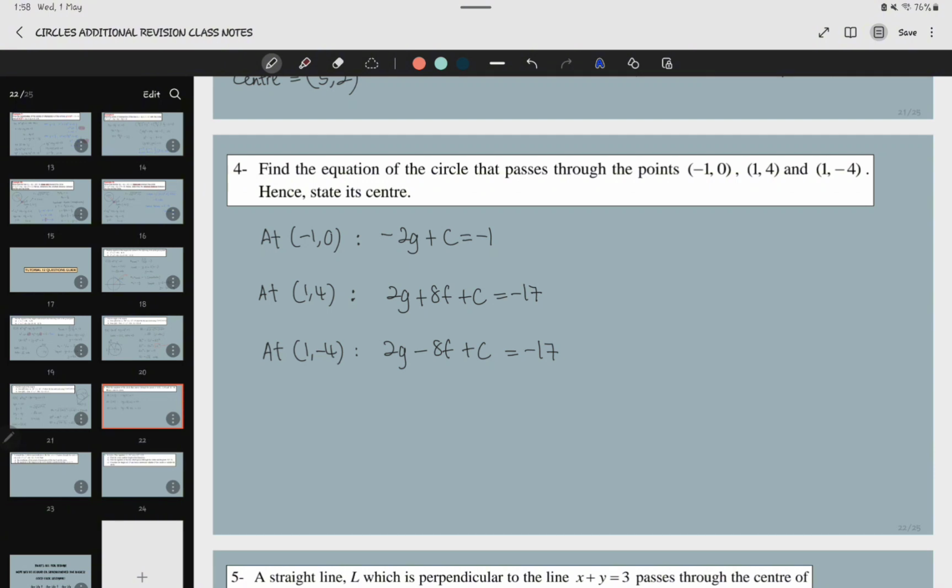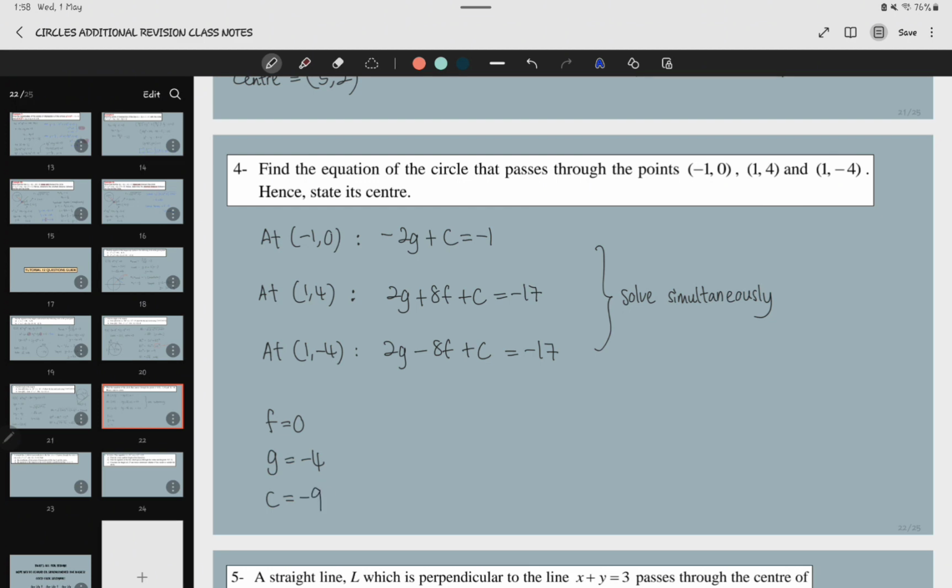So when you get all these 3, you solve them simultaneously, same as the example we did just now. Press your calculator and then at least you get an idea of what the actual values are. So your f will be 0, your g will be negative 4, your c is negative 9.